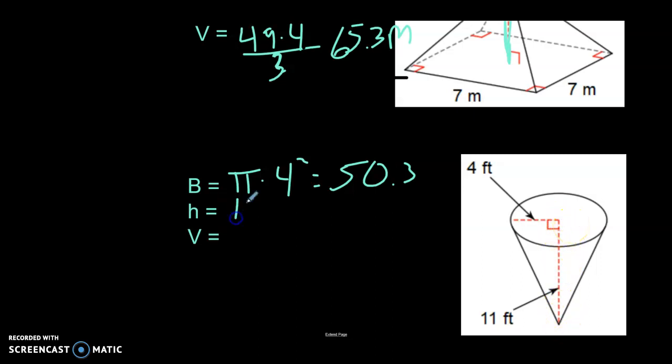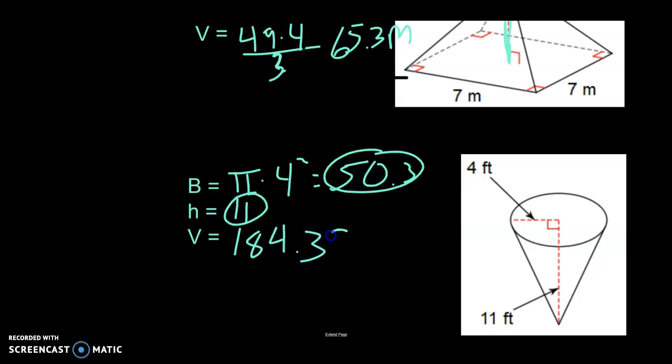That is 11 units. So the volume is found by taking the area of the base times the height and then dividing by 3. So if we do that in the calculator, we take that 50.3, times it by 11, and divide by 3. The volume is 184.3 cubic feet.